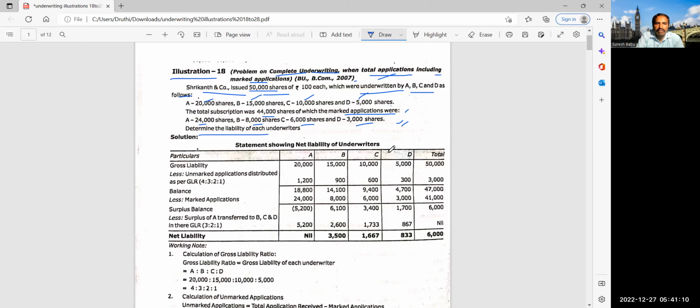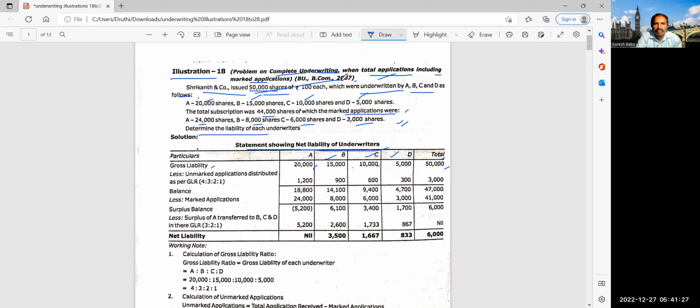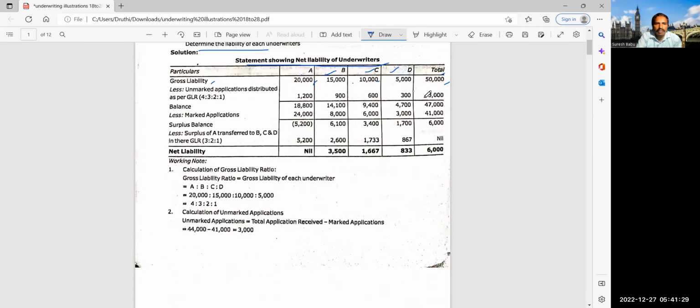Determine the liability of each underwriter. Very simple. Draw the statement showing net liability of underwriters A, B, C, D, and total. Gross liability 20,000, 15,000, 10,000, 5,000, 50,000, what they have stated here. So the ratio is 4 is to 3 is to 2 is to 1.